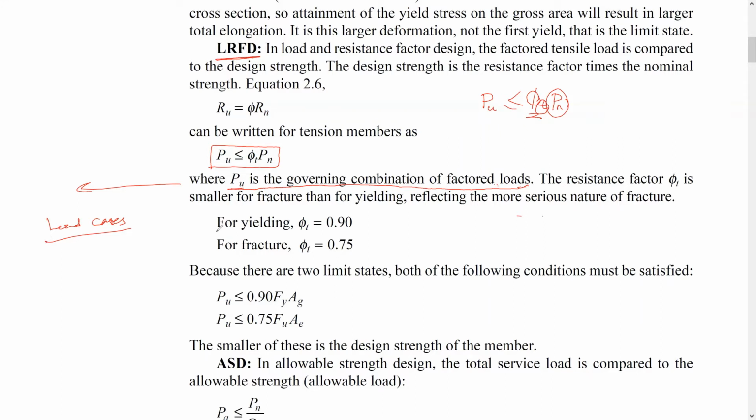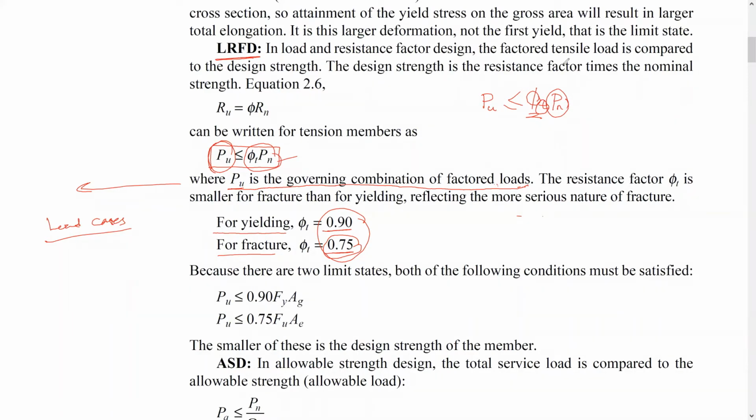And if you remember, for yielding, we take phi is 0.9, and for fracture we are taking it 0.75. And I told you why we are just taking 75 percent of the strength, because the failure mode in the case of fracture is very critical and more severe than what we have in yielding. In this case, guys, the tension member can fail either in yielding or in fracture only. So for yielding we take phi equal 0.9, and for fracture we take 0.75 of the strength. So here we are comparing the factored loads, meaning how much load is on the section, and we will solve examples, God willing, and compare it with the design strength of the section, which we can find from this relation using these factors.